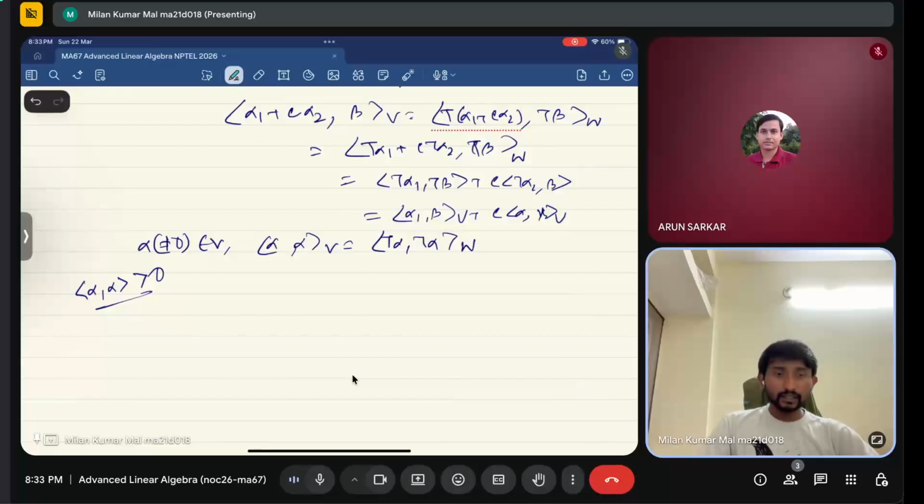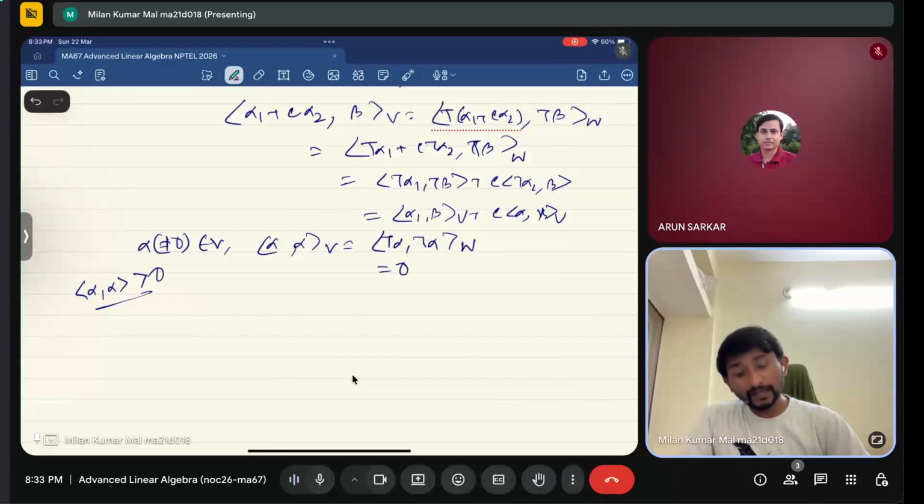But if T is not injective, there may exist a vector alpha which is non-zero, but T alpha equals 0, and that will become 0. But I need that to be not equal to 0. It is not equal to 0 if T is injective.